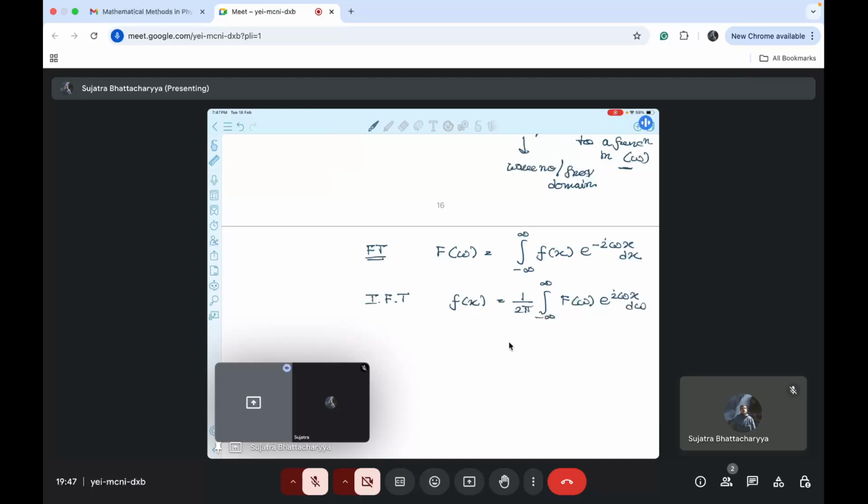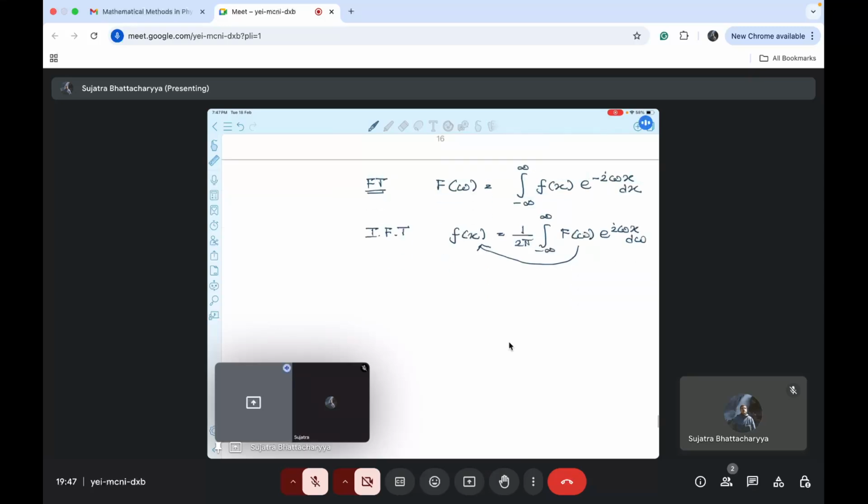So this is the inverse. Now the frequency or wave number domain is being converted to x. This is how the Fourier transform looks.